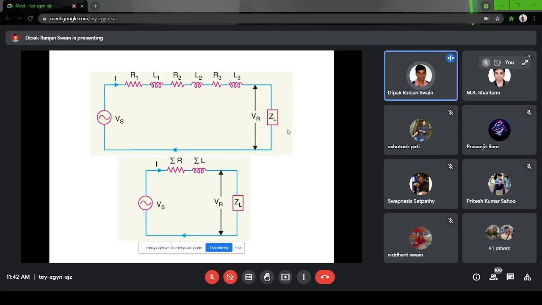How much load he will be operating at a particular time cannot be determined from any calculation. It is according to the consumer, and we don't have a single consumer; millions of consumers are there, so you cannot say what the value of ZL will be. But according to the VR value and the IR value, you will be able to calculate what the sending end voltage and sending end current should be.